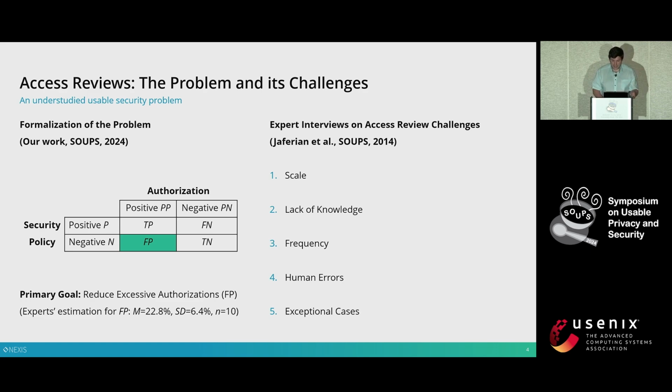because it's big. The second challenge is lack of knowledge. If you are in a big organization, you have to remember that there's not one person who has the overview of everything, but you have multiple people who have the overview of smaller parts. And maybe you don't even have the knowledge in your organization about what an authorization actually does and why a certain person has access to what it has.